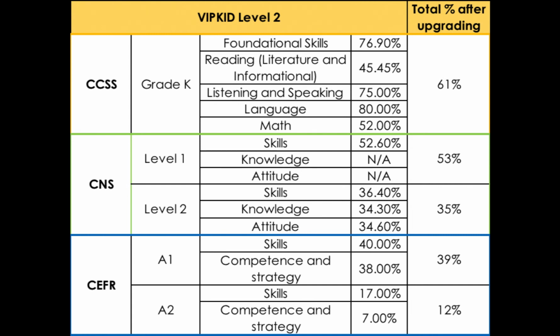The Chinese National Standard, which is now included in the new Level 2, which includes Chinese National Standard Level 1 and Level 2, is 53% and 35% respectively. And the CEFR, the Common European Framework of Reference, is also aligned with the new Level 2 at 39% and 12% respectively.